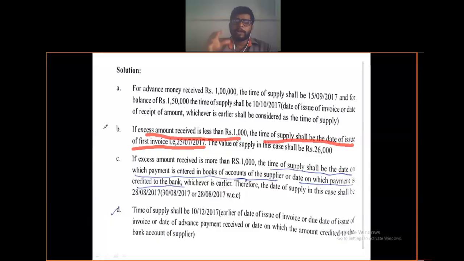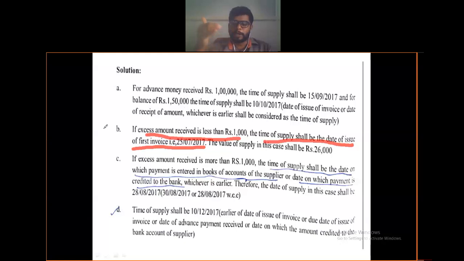Identify which is the date of issue of first invoice. First invoice is issued on which date? 25th 7 2017. You see the question. 25th July 2017 is the first date of issue of invoice. Therefore, that date itself is considered as a time of supply. But if the excess amount is more than 1,000 rupees, you have to compare different dates.